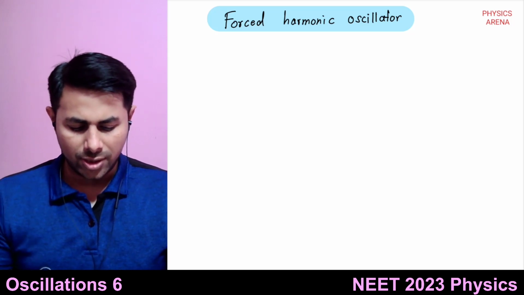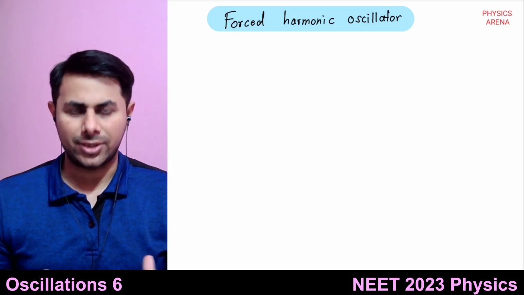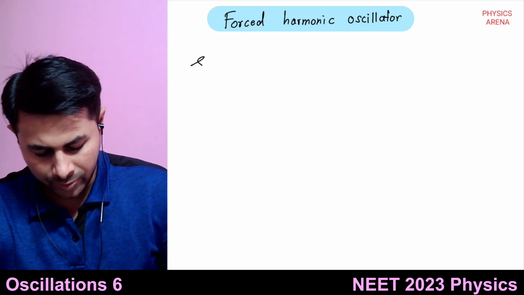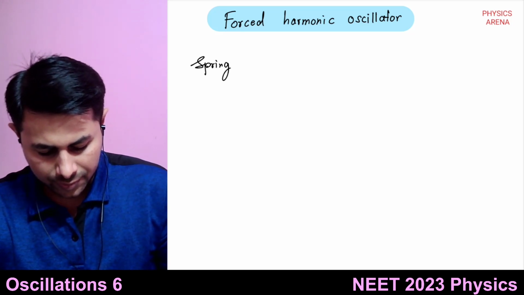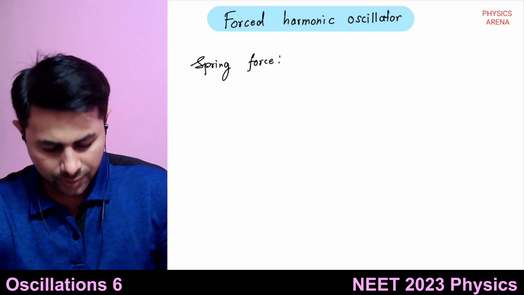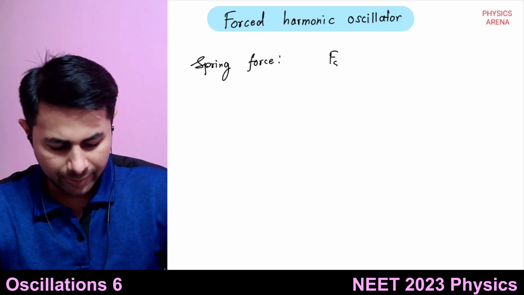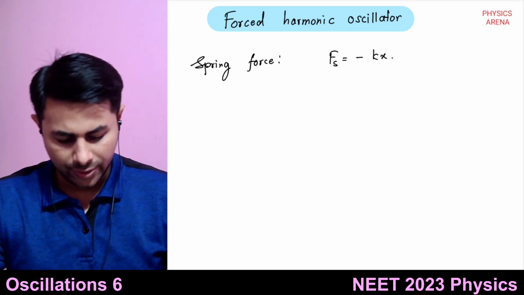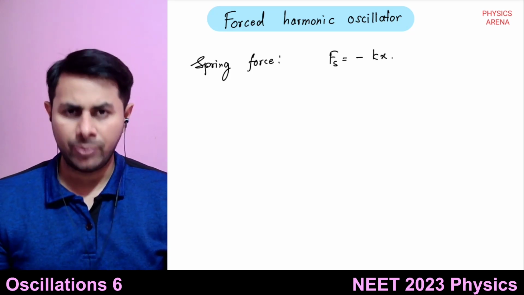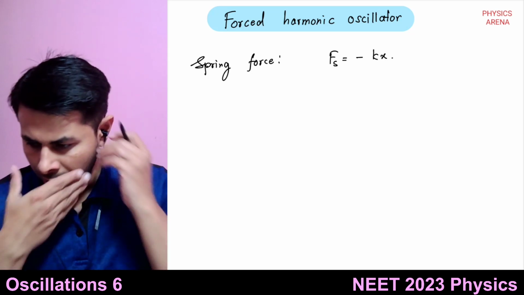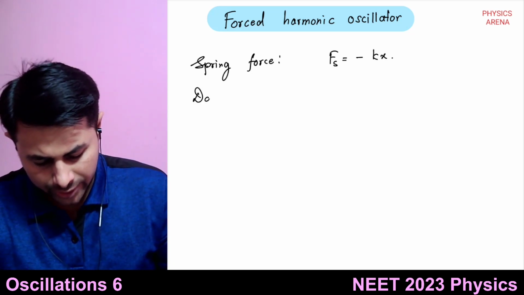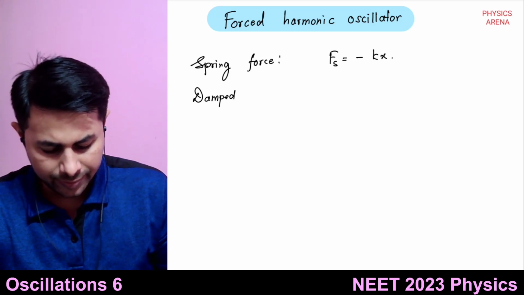So first, what are all the forces acting on this harmonic oscillator? First one is, of course, the spring force, given by Fs is equal to minus Kx. The next is the damping force. Damping force may or may not be there.